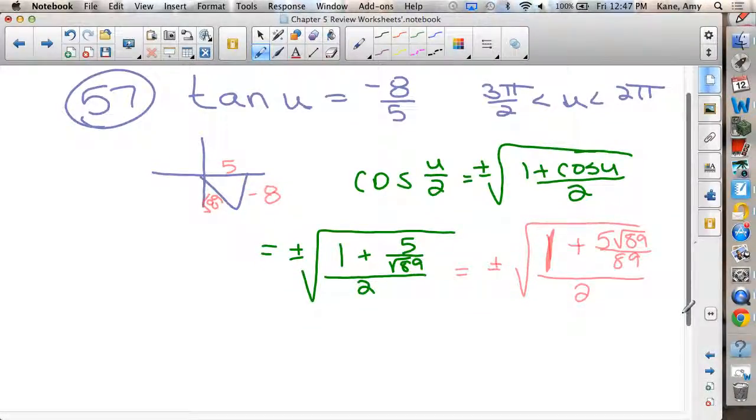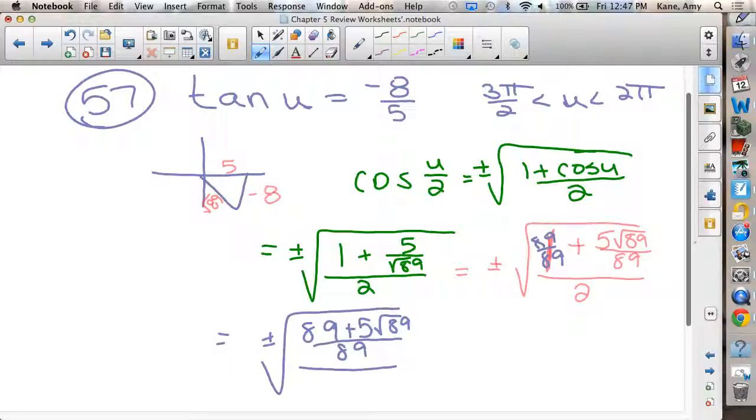Neil, what else could we do then? You could set the 1 to 89 over 89. Right, so the 1 could become 89 over 89, and then we can add the top. So I have 89 plus 5 square roots of 89. Now I have a common denominator of 89, and then all of that's over 2.